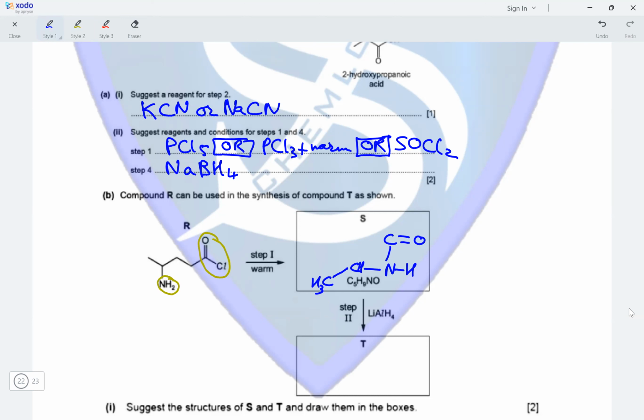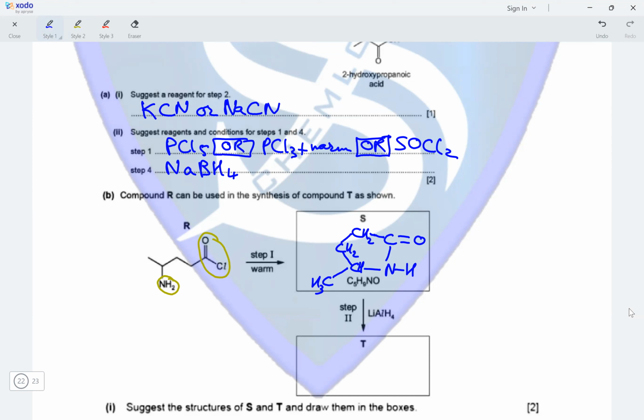And we have got two other CH2 groups in between these. So CH2 and CH2. This is the structure of compound S when compound R undergoes a condensation reaction to form a cyclic compound. So CH2 here and a CH2 here. So this is the molecule of S.